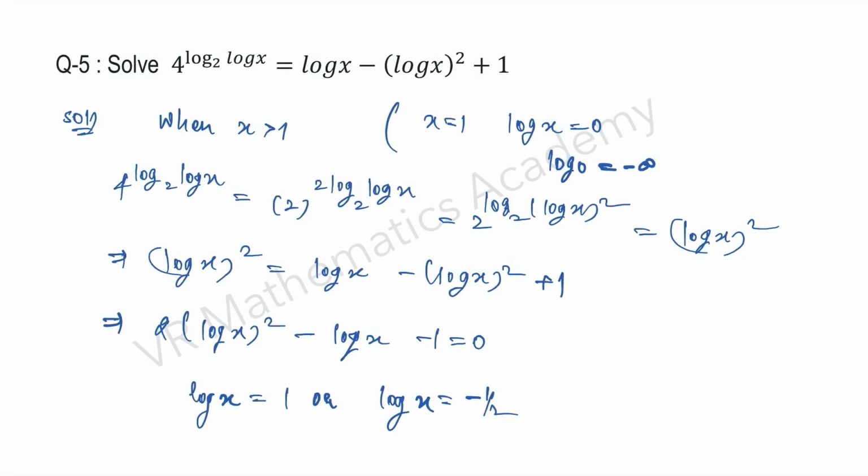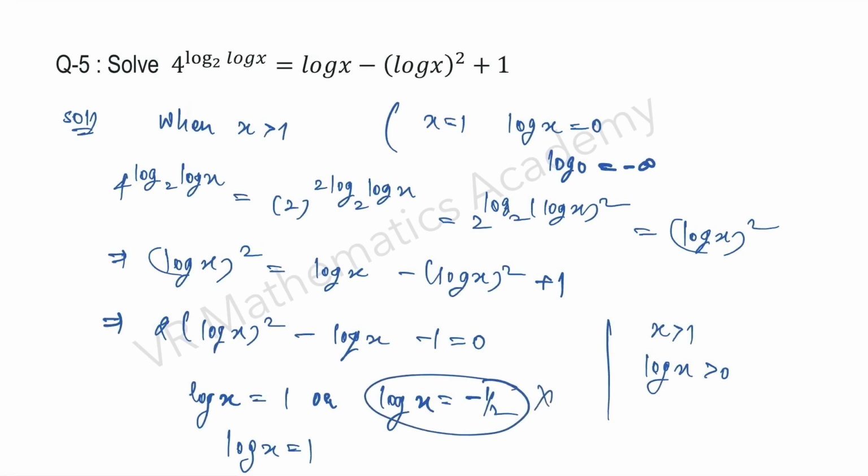Now for x greater than 1, log of x will be greater than 0. That's why we will take only log of x equal to 1 and ignore the other solution. So when log of x is equal to 1, x will be equal to e, because here we have taken the logarithm with base small e. So x equals small e will be the solution of this equation.